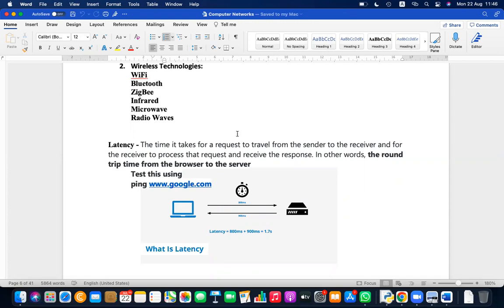For a network, what else do you need? You need network devices which are capable of networking, and also media. Then what else?